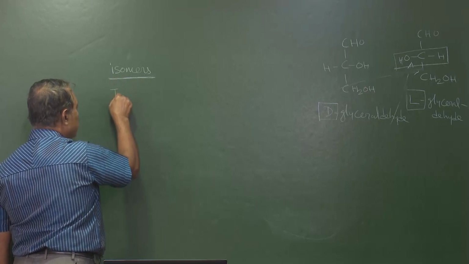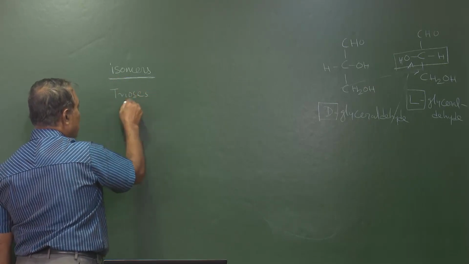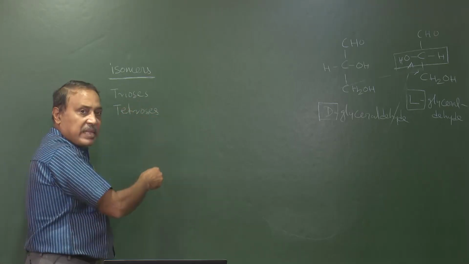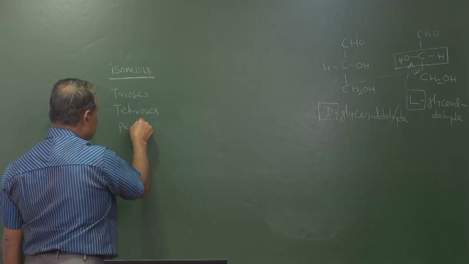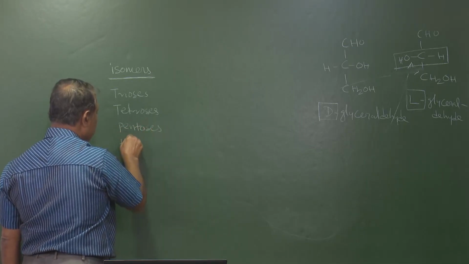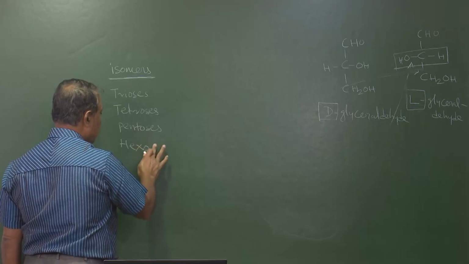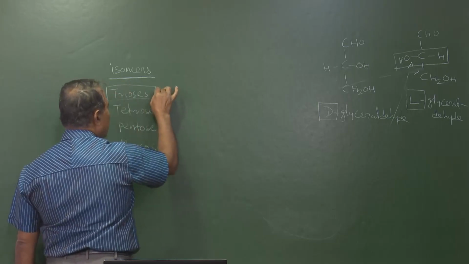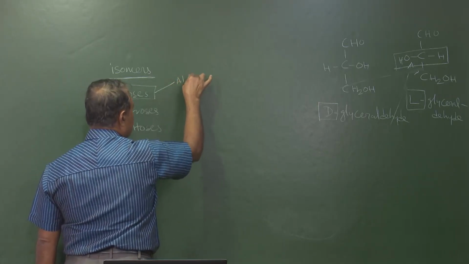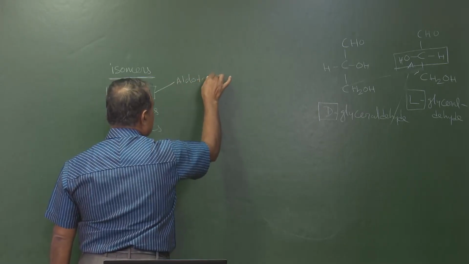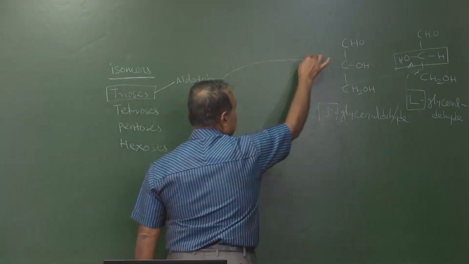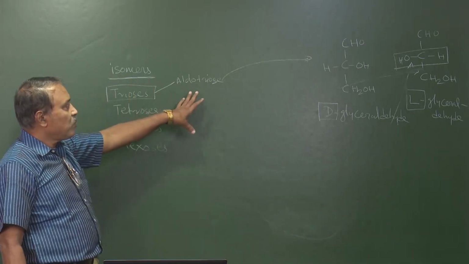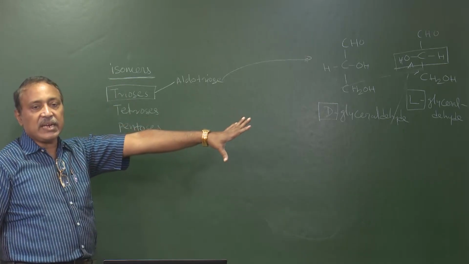In case of trioses, tetroses, pentoses and hexoses, very common ones, I am just touching the common ones. Trioses, I have just described. Aldotriose is this one. Aldotriose will have D-glyceraldehyde and L-glyceraldehyde.